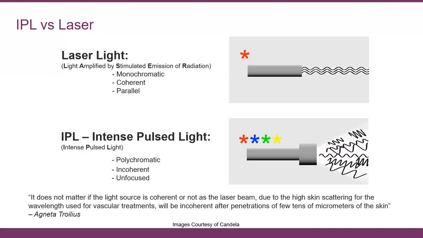A laser is a single wavelength, and because it's a single wavelength, it's a single color, or monochromatic. It's coherent: because it's a single wavelength, all of those wavelengths come out in parallel with one another from the source, so it's collimated, or parallel.